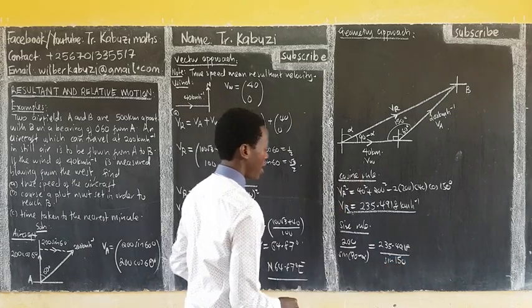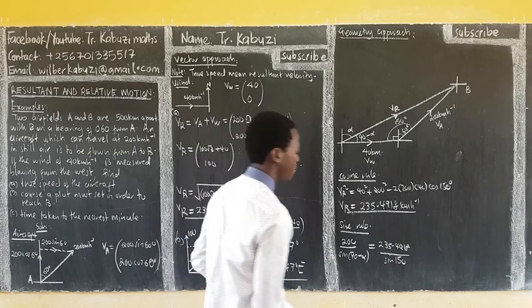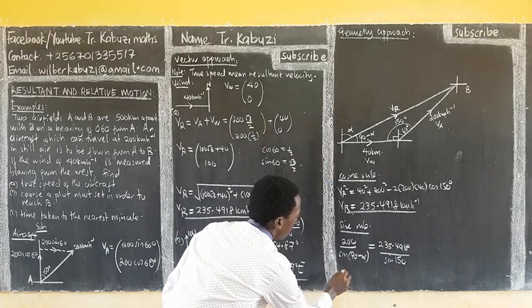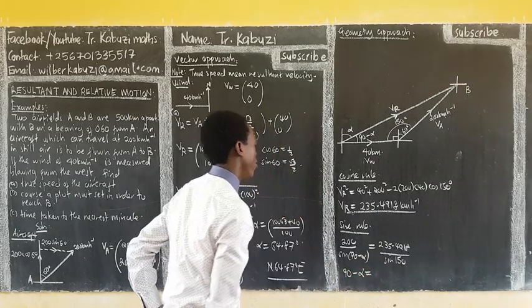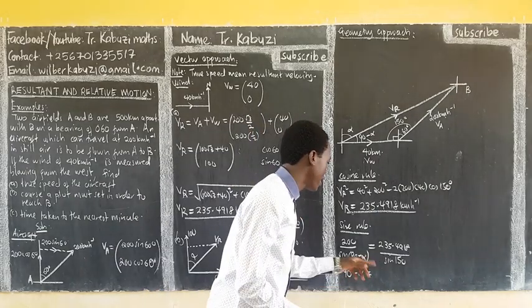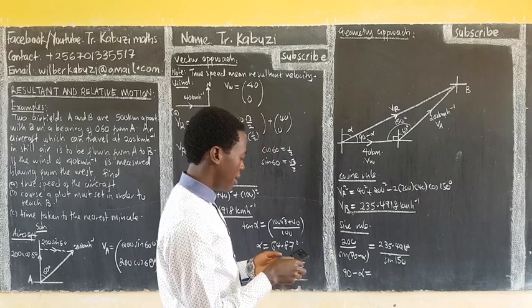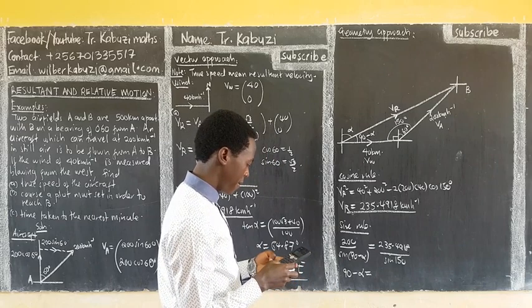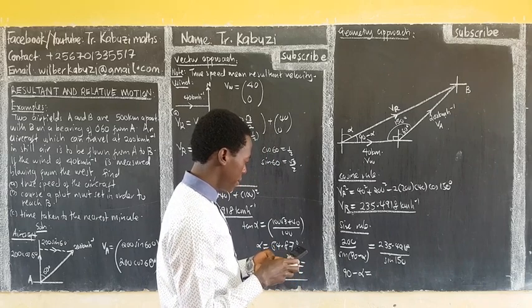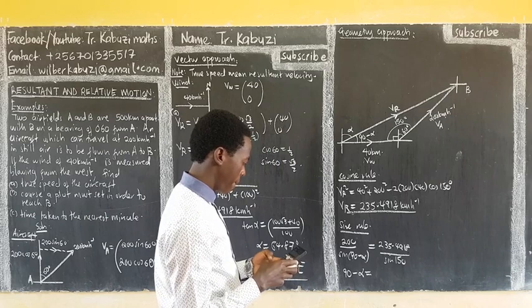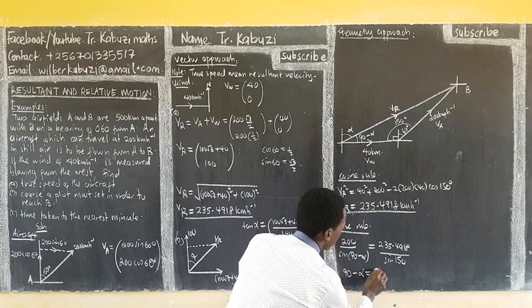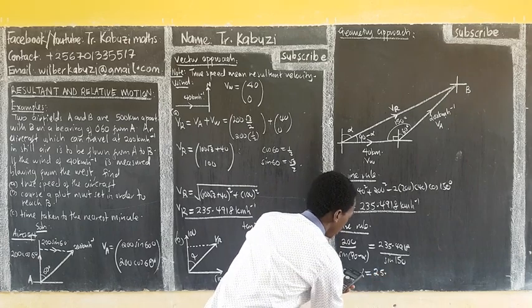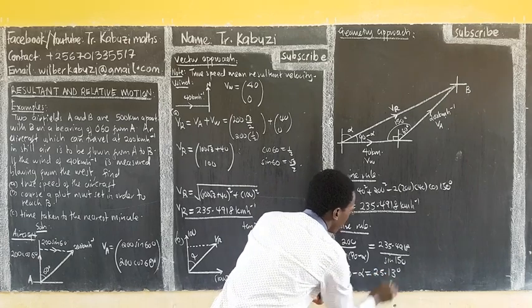And so from there, you can see that my 90 minus alpha, when you compute and take the sine inverse, is going to be 25.13 degrees.